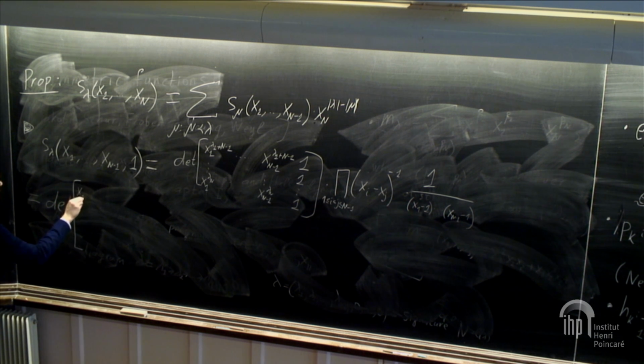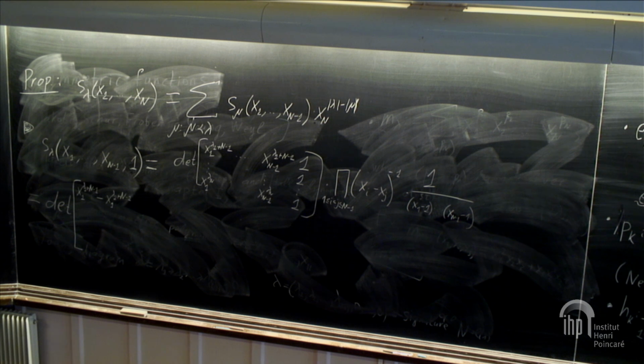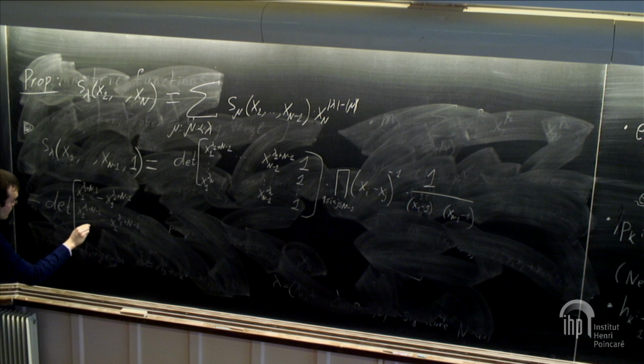So here I will have x1^(lambda_1 plus n minus 1) minus x1^(lambda_2 plus n minus 2), because I subtracted the second row. Here I will have x1^(lambda_2 plus n minus 2) minus x1^(lambda_3 plus n minus 3). The last row will not change.